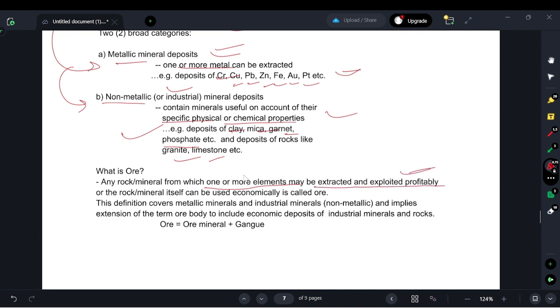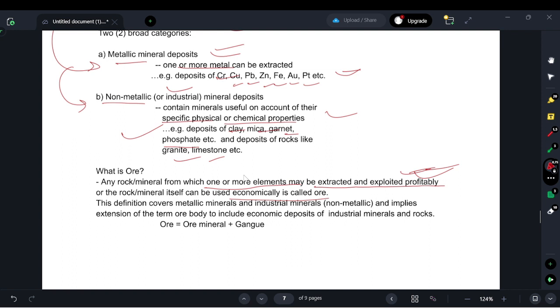It should have a profit. We should not lose money; if you are not getting any profit by extracting something, you will not do it. Or the rock or mineral itself can be used economically, and that is called the ore.